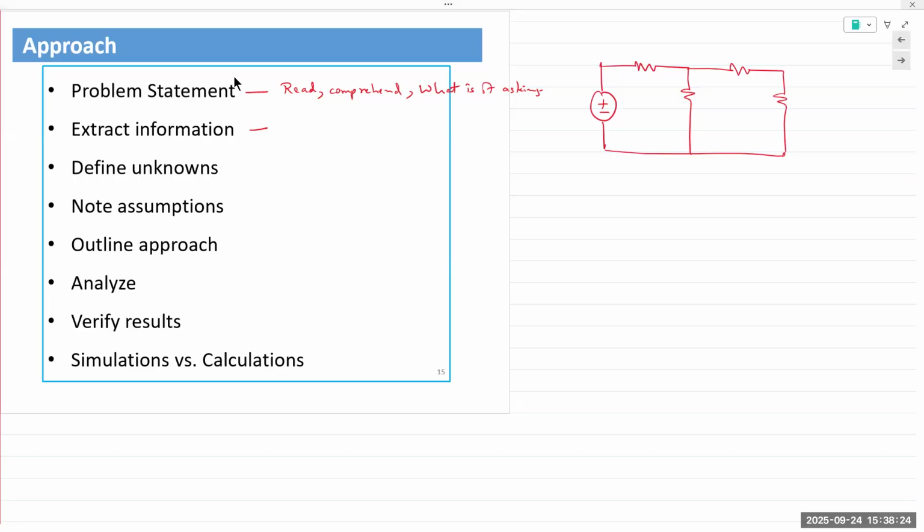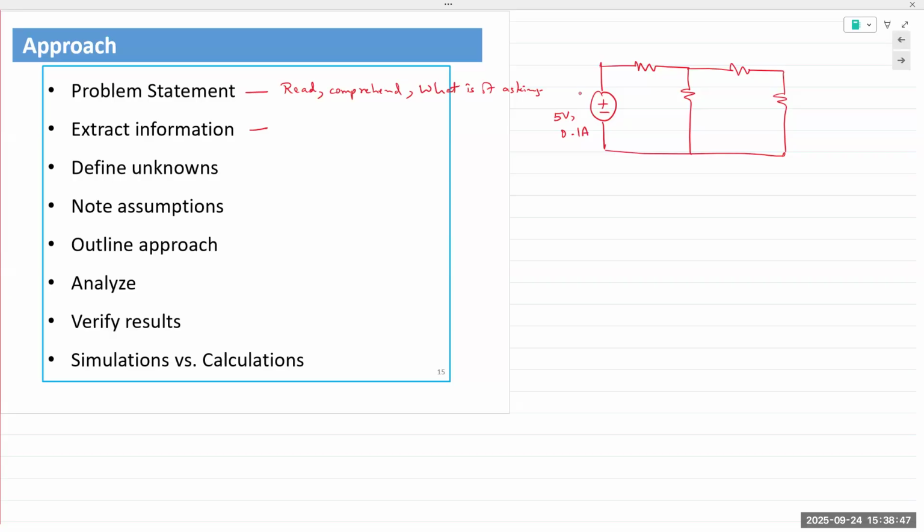Or it could be listed on the circuit diagram. Then the power supply might not be given to you in the diagram. It might just state, 5 volts, 0.1 amp. If you read just the problem statement and move on, you're missing information. There is some information that is given here, right? So extract information from the circuit diagram.